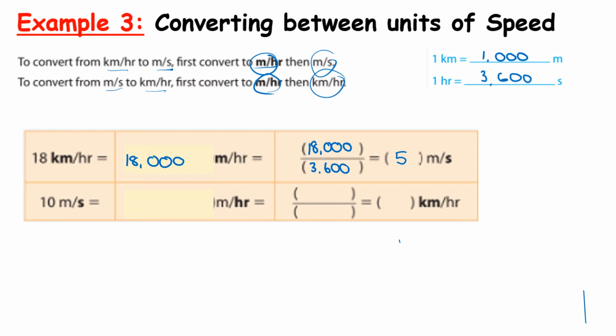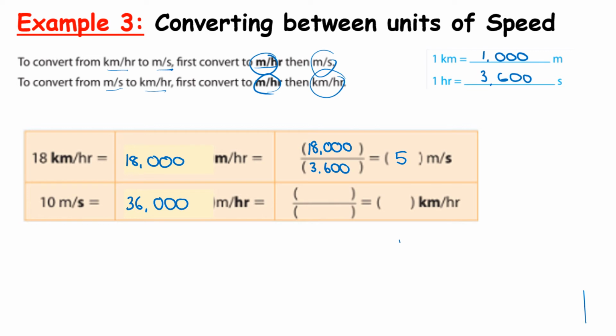So let's work the other way. We have 10 meters per second. If we want to think about per hour, if I do 10 meters in 1 second and there's 3,600 seconds in an hour, that will be 10 by 3,600, which is 36,000.